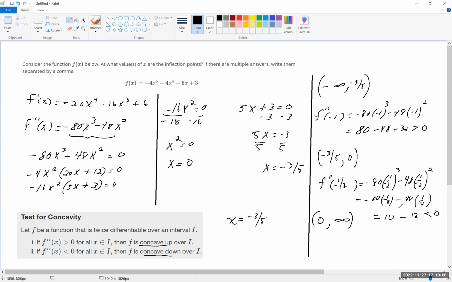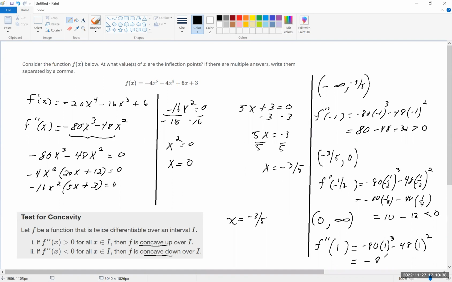Let's see if there's another change in concavity in the last interval. So we'll plug in a 1. And so we have -80 times 1 to the third power minus 48 times 1 squared.